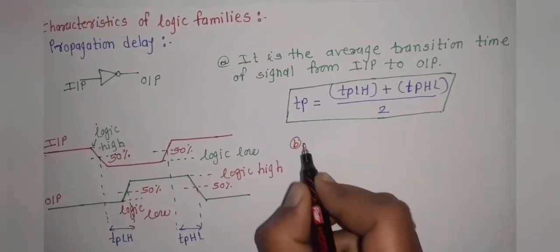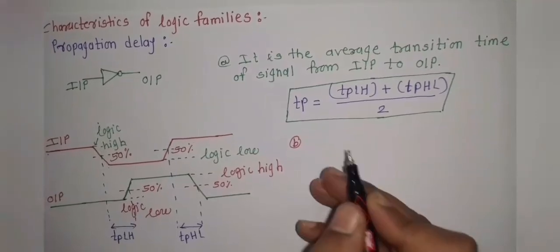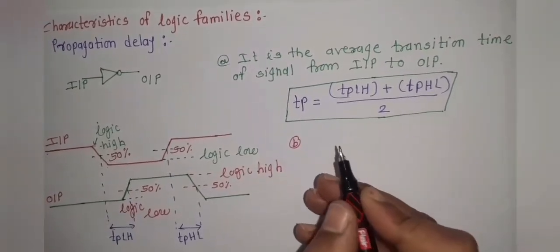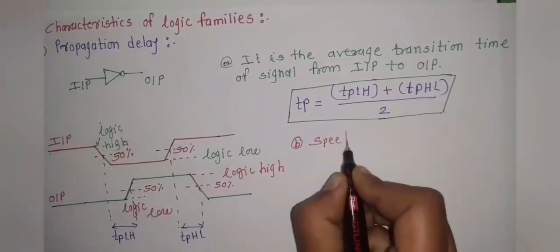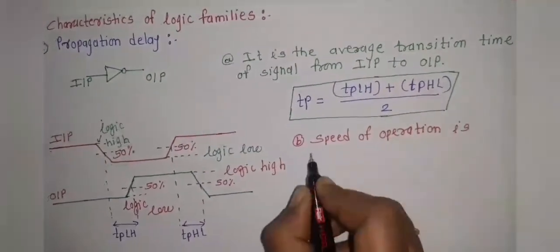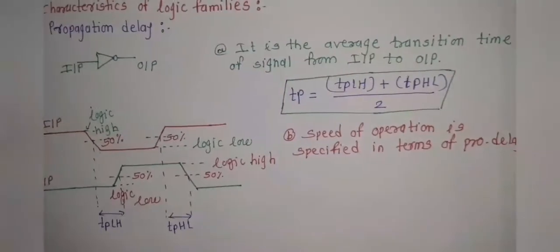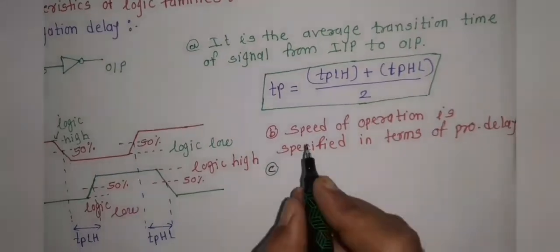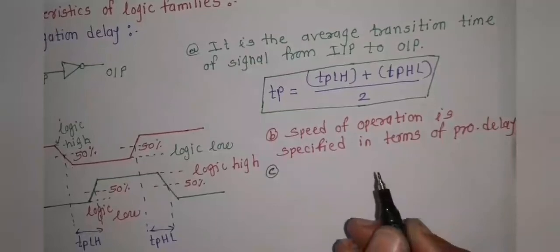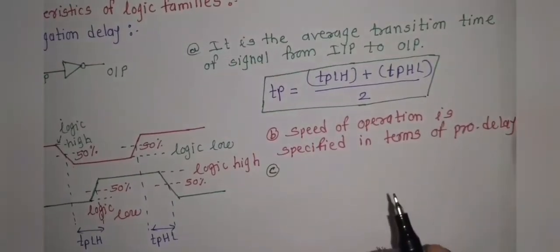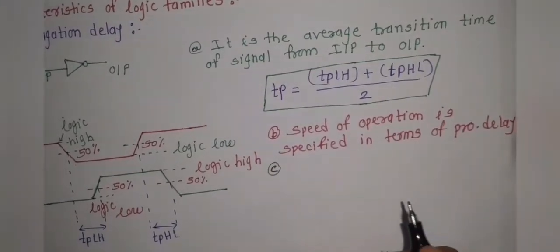Second point, speed of operation is specified in terms of propagation delay. It defines the operating speed of the IC.